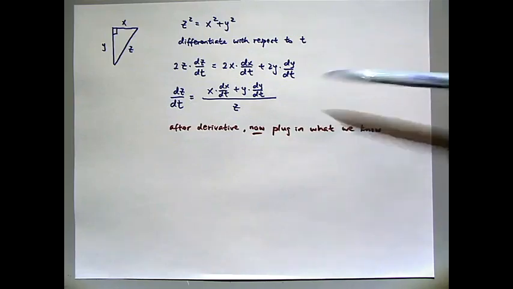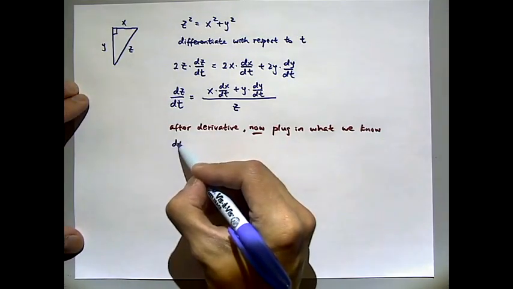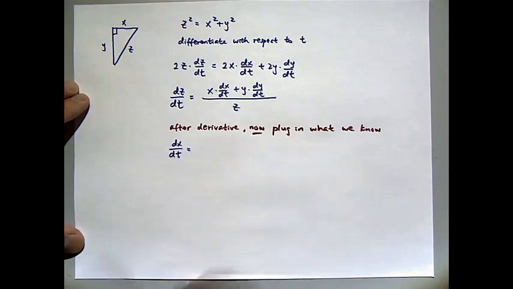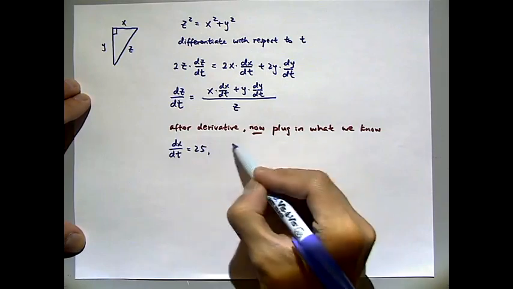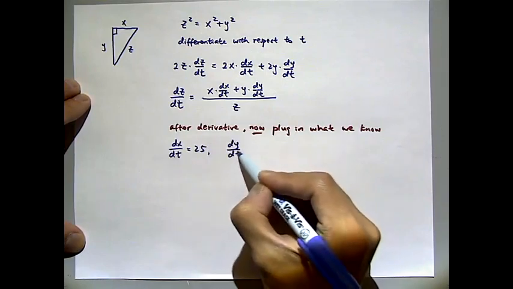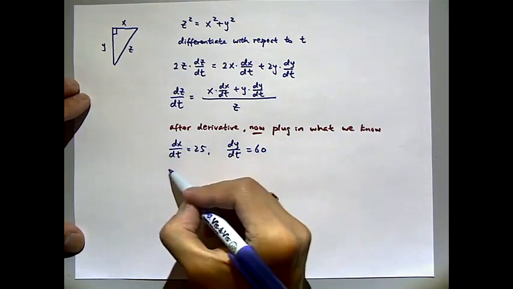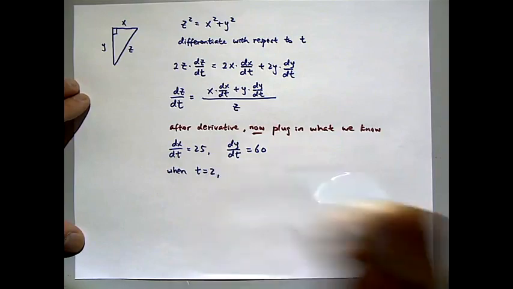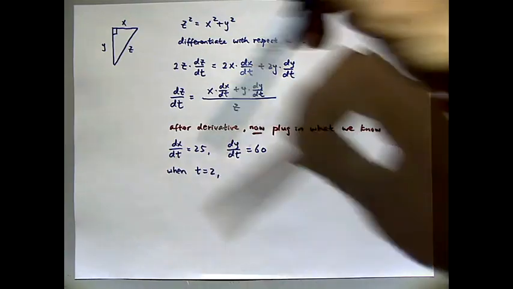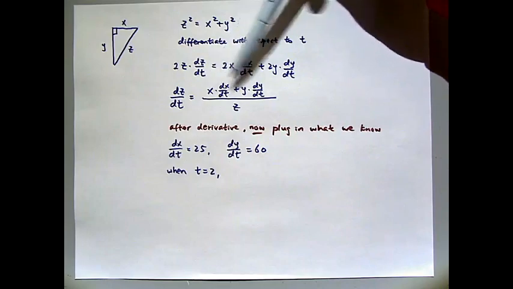Once you've gotten a derivative, now you can plug in anything that you have. Okay, so we know dx/dt is always 25, right? That's not changing. We know dy/dt is always 60, and that's not changing. Besides those two numbers, if you look at my expression for dz/dt, I also need x, y, and z.